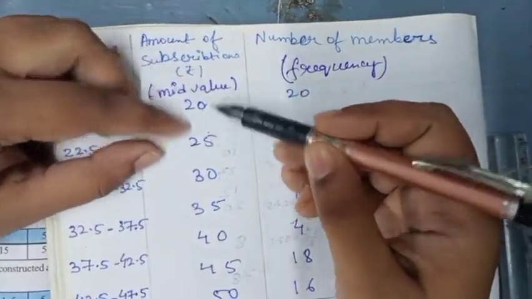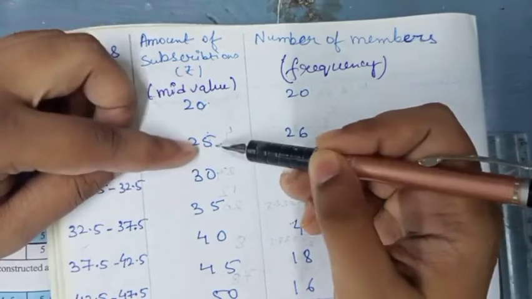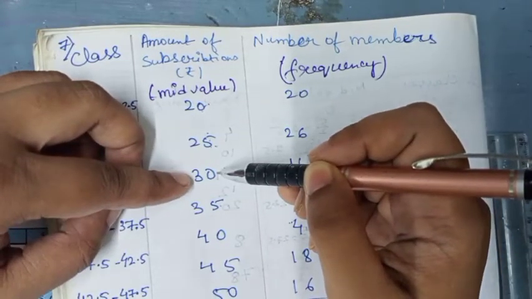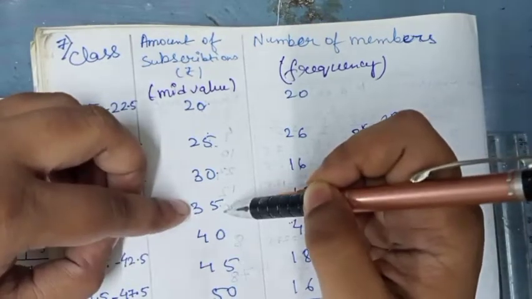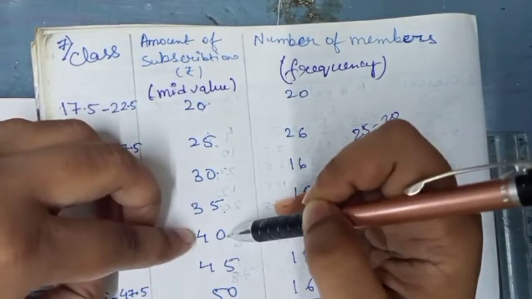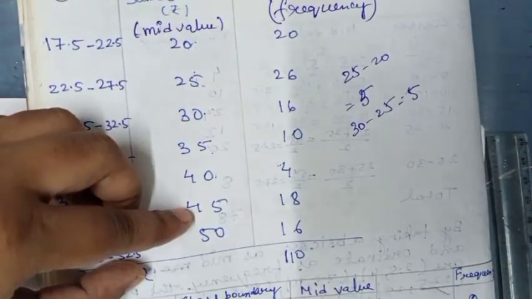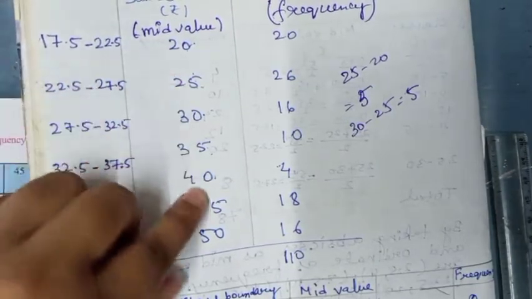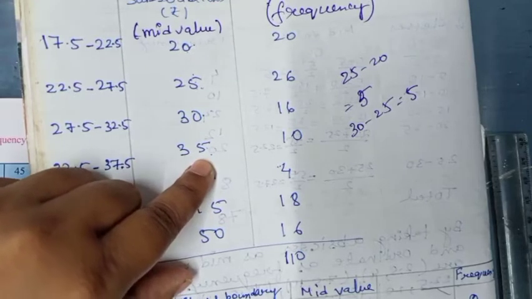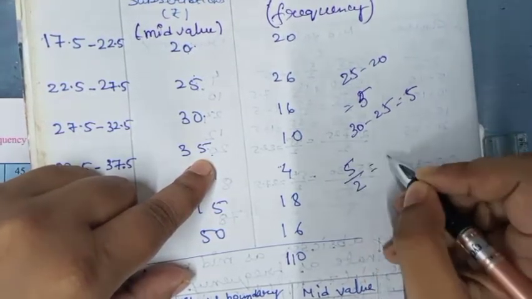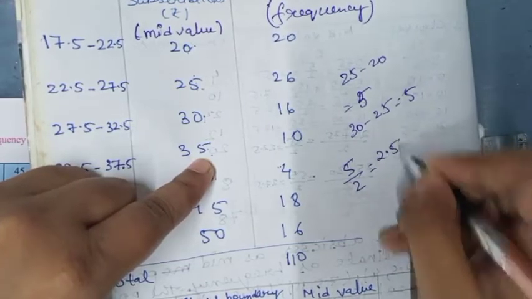In each one, 25 minus 20 is 5, 30 minus 25 is 5, 35 minus 30 is 5, 40 minus 35 is 5, 45 minus 40 is 5, 50 minus 45 is 5. It means that the difference between mid values is 5. Half of 5 means 5 by 2, which gives you 2.5.